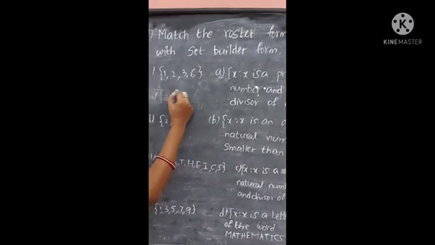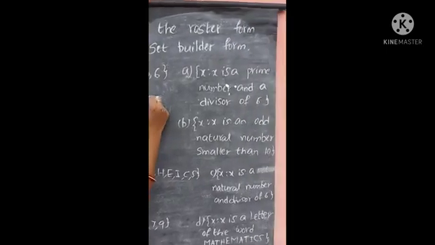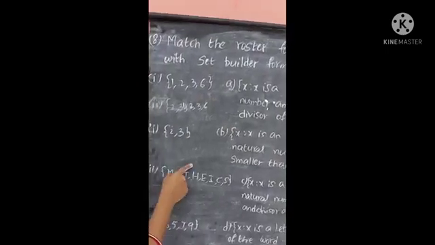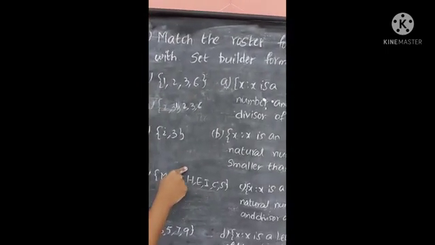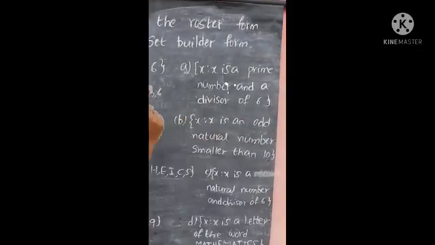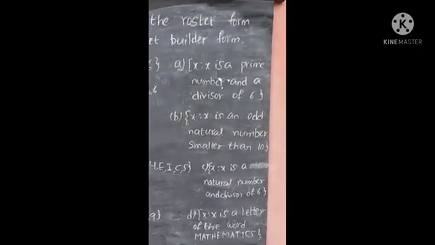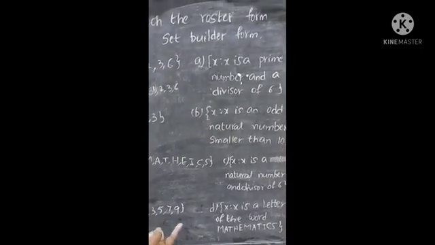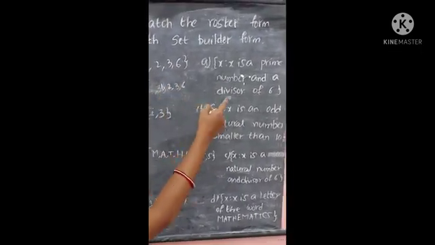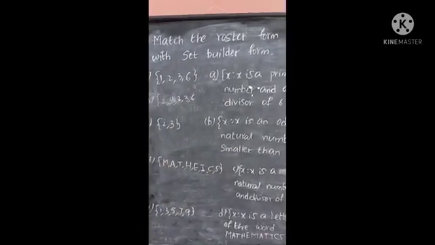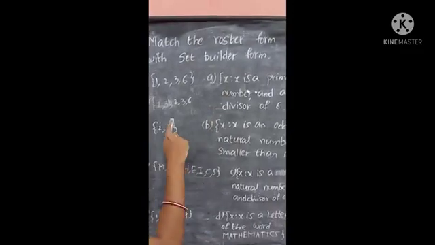So 1 times 6 is 6, and 2 times 3 is 6. 2 also divides the number 6. 3 also divides the number 6. 3 times 2 is 6. Next, 6 times 1 is 6. So these are the divisors of 6. But here only prime numbers are there, 2 and 3. But here 1, 2, 3, 6 are there. So this is not the correct option.